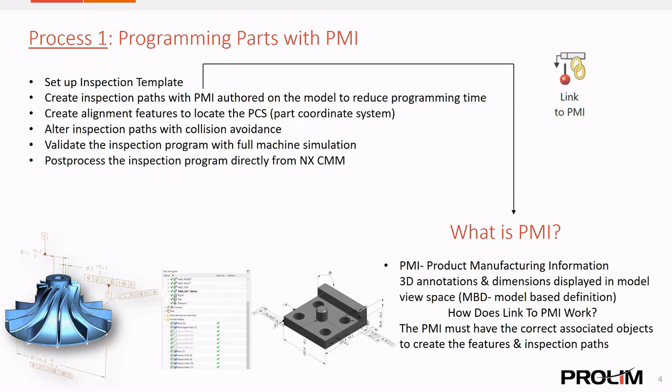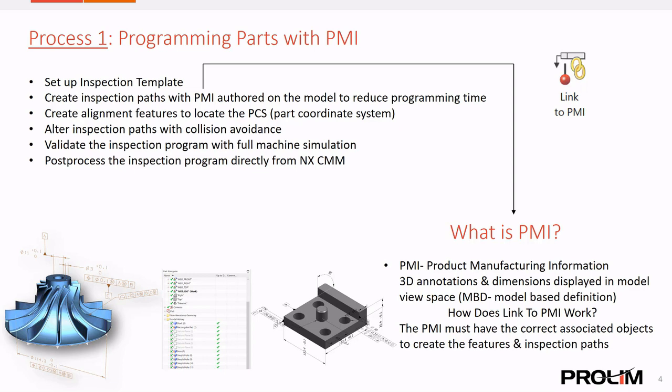After we have the PMI and the inspection paths authored, we'll go ahead and create the alignment feature and then locate the part coordinate system. After we have the inspection paths and the alignment specified, we can then alter those inspection paths with the collision avoidance.